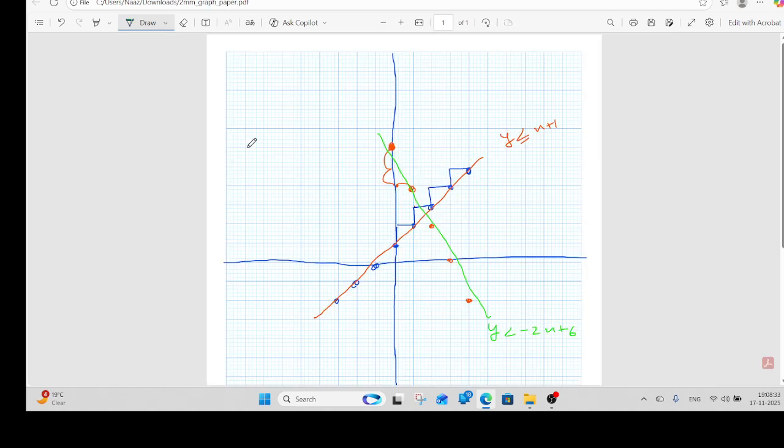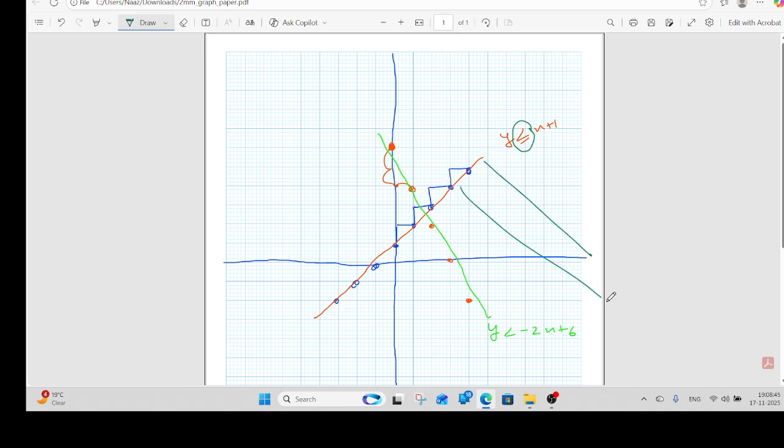So less than, and this is my y is less than or equal to, right? So less than means I need to shade below this line, right? So this is my region which will satisfy this inequality. If I plug any value from this region at place of y and x, this will satisfy this inequality.